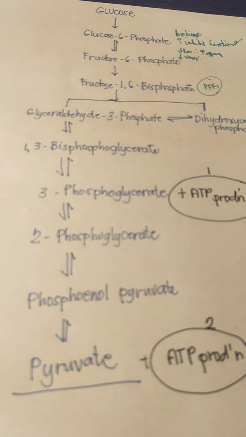I stand to be corrected, it is not glucose that decreases. I am speaking of the effect of our hormones. So in the fed state, there is a decrease in glucagon and an increase in insulin. You will produce a high amount of fructose 2,6-bisphosphate.